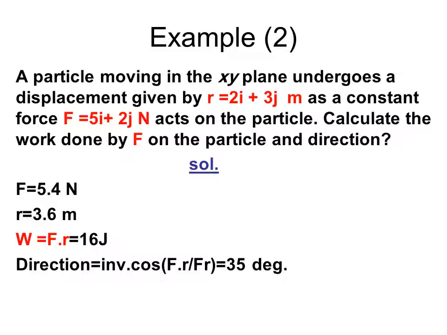We can solve this example by the definition of work also. The work can be defined by the force multiplied by the displacement and multiplied by cosine theta. Now the magnitude of the force equals the square root of the sum of the squares of the two components of the force, which gives 5.4 Newton.